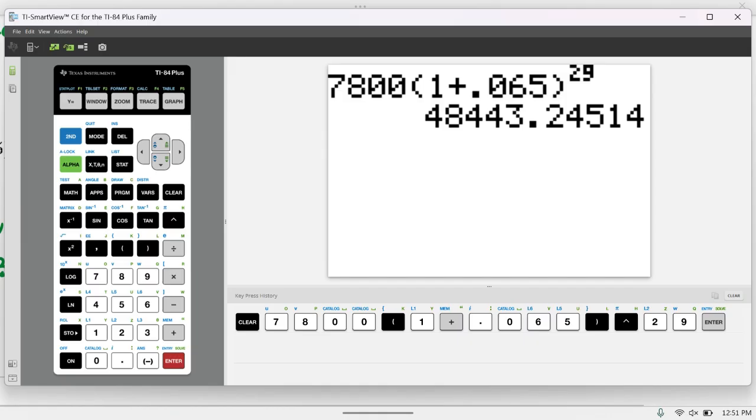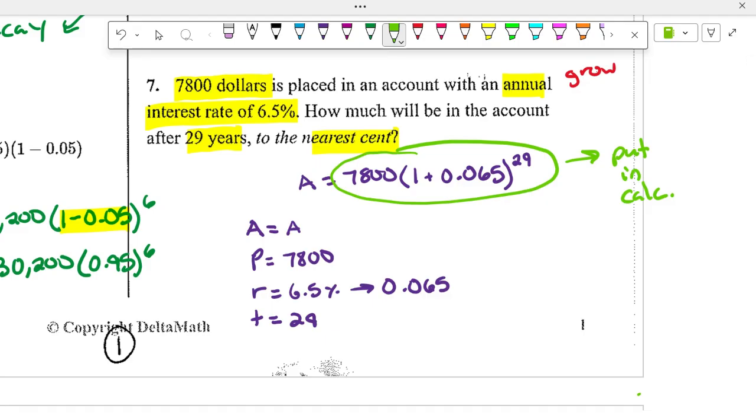All right. Now, what would this be to the nearest cent? So how many decimal places is cents? It's 100, so 2 decimal places. So if I round this to 2 decimal places, this would be $48,443.25. So after 29 years, I will have $48,443.25, approximately.